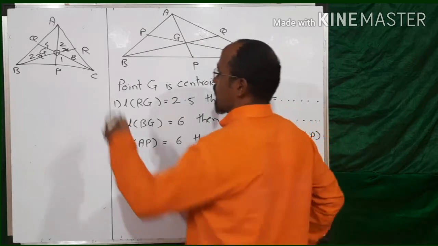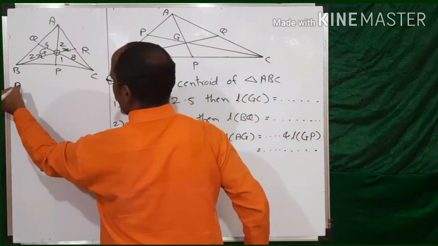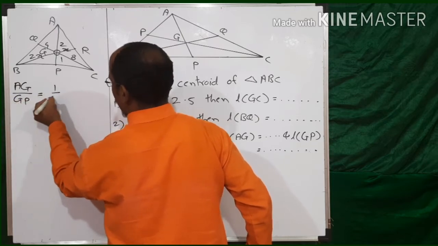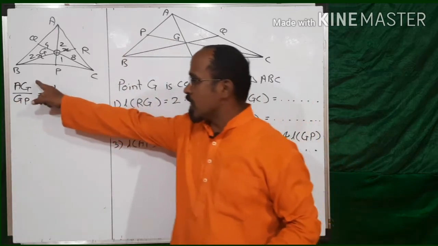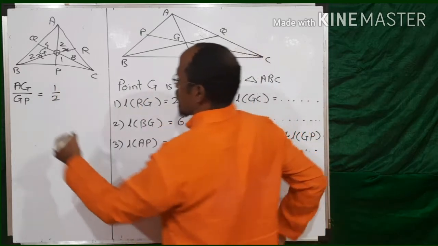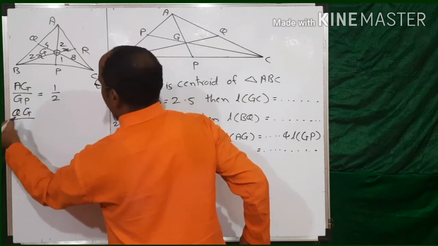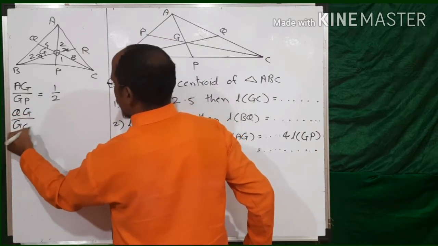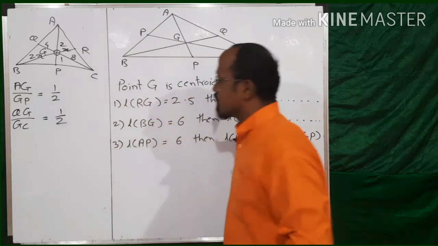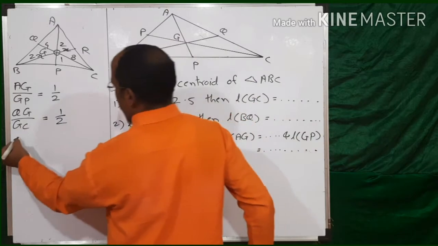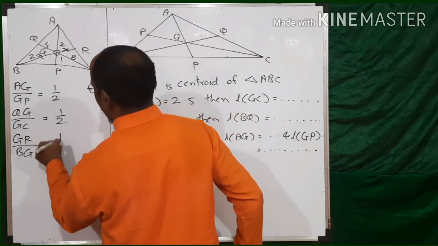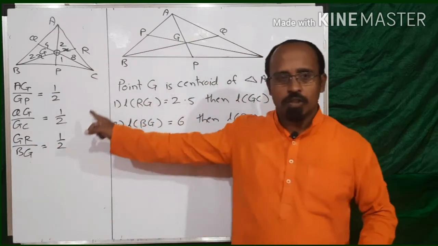So we write this ratio as AG upon GP is equal to 1/2, means AG is to GP is 1/2. This is the ratio. QG upon GC is equal to 1:2. GR upon BG is equal to 1/2.